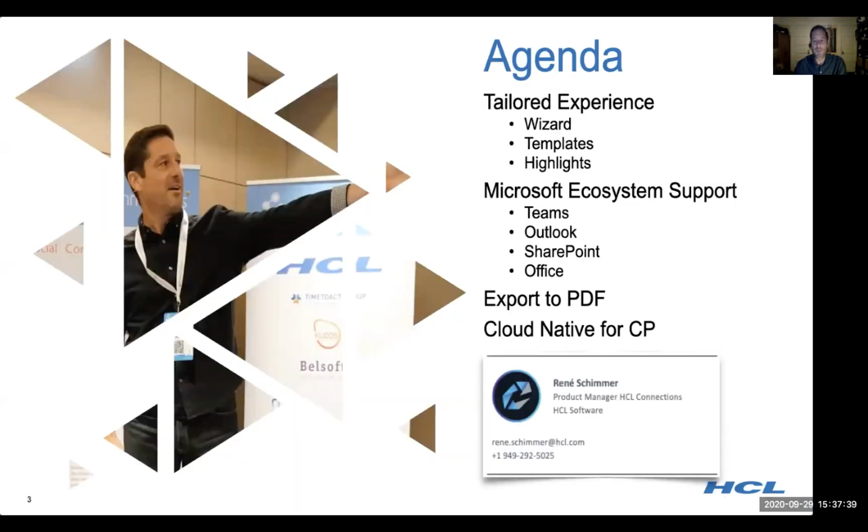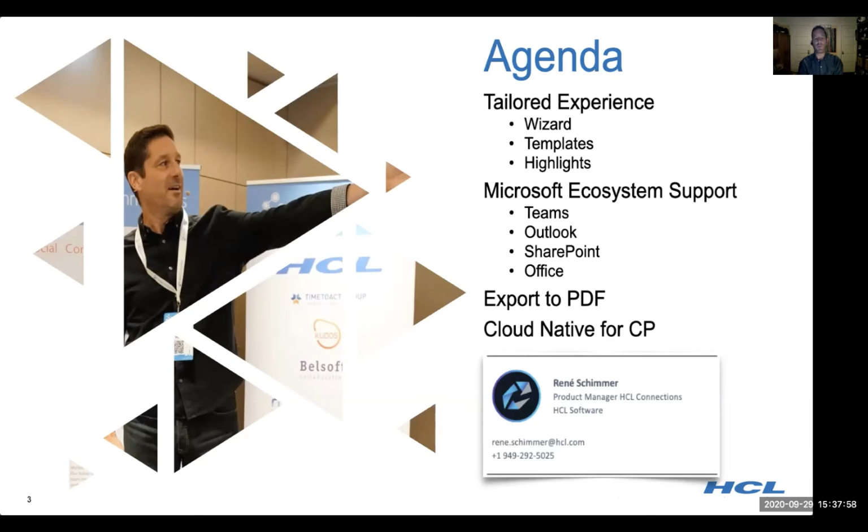Of course, I want to start with a quick agenda overview of the things we're going to cover. First off, I'll talk about the tailored experience. You've heard us use that phrase for a while now. I think we started with 6.0.